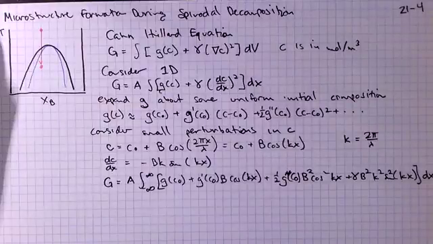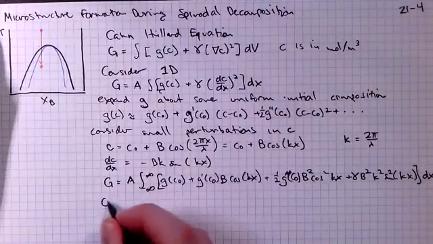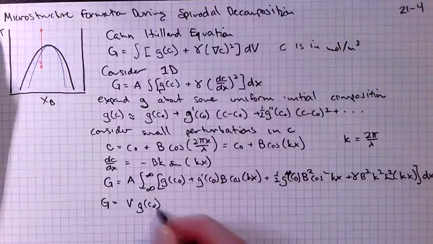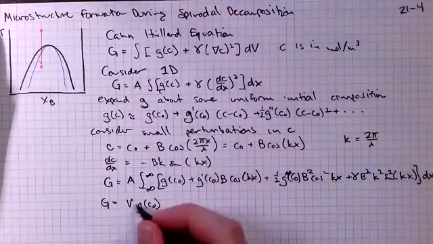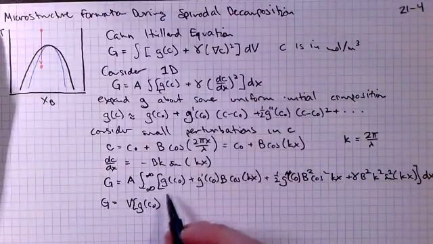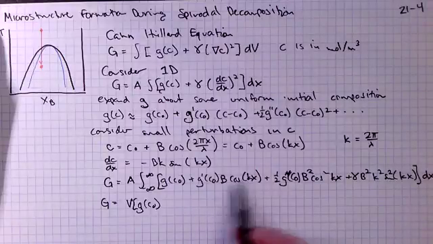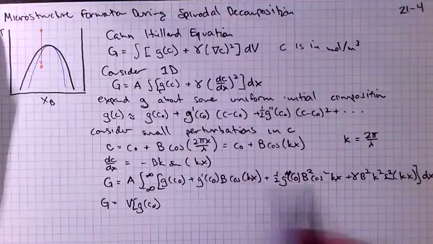So now we go to do this integral. So this is just a constant, so we're just going to get the volume times G at C0 for the first term, right? And then for the second term, we just have an integral over cosine, which has as many positive regions as negative regions, so that has to integrate to 0.